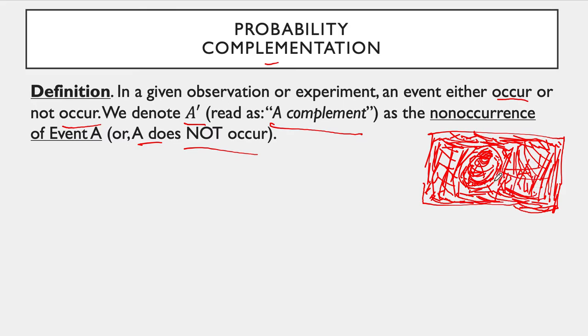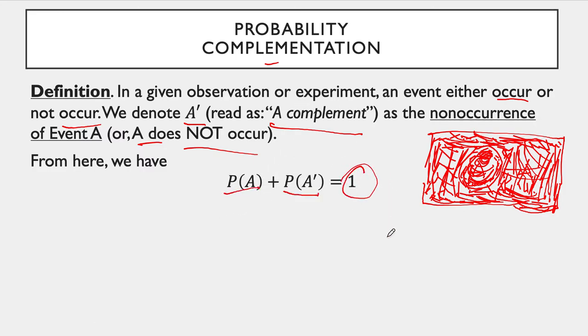That is to say that the probability of A plus the probability of A complement is equal to 1, or 100%. The probability of A added with its complement completes the whole probability value, which is 100%. So the probability of A plus the probability of A complement is equal to 1.